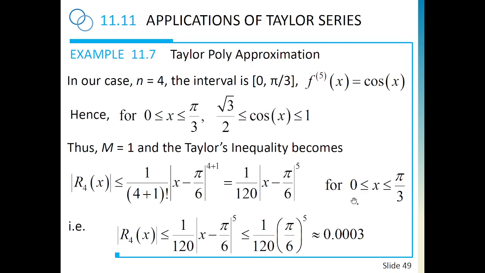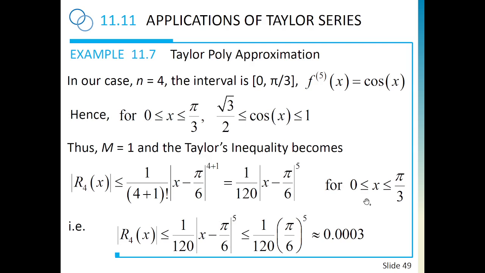So basically now we need to estimate this value here for x's living in 0 to pi over 3. For x between 0 and pi over 3, x minus pi over 6 is smaller than pi over 6. So that way we have found M first, then we find the upper bound for this expression here.